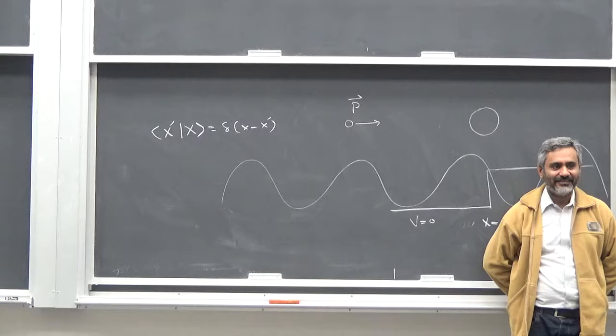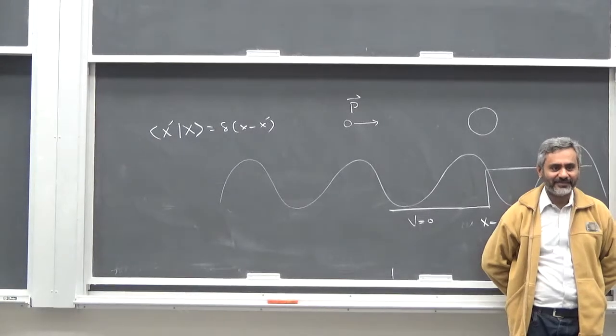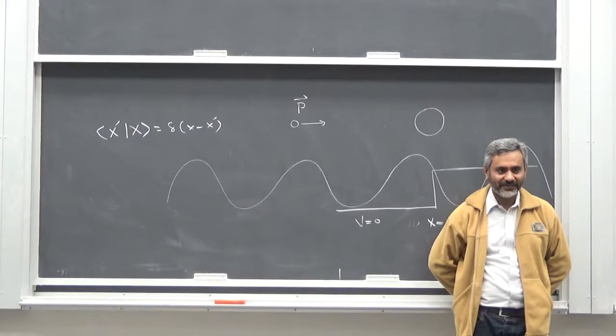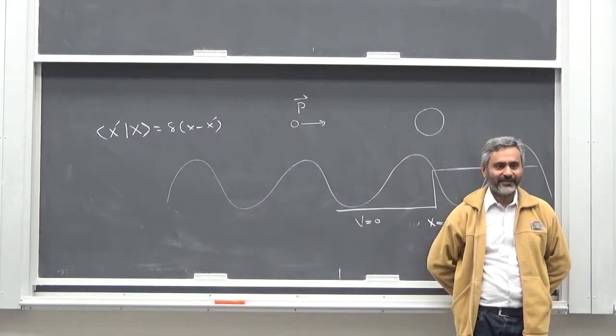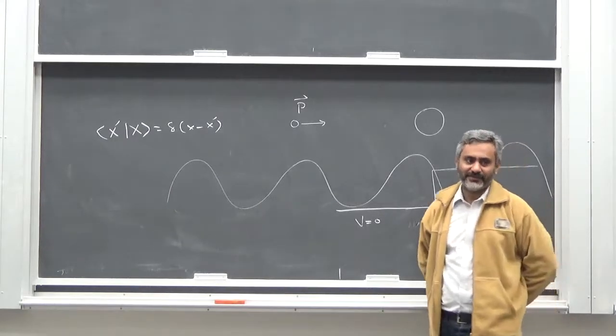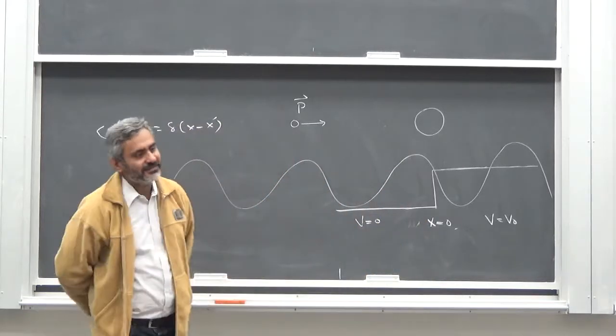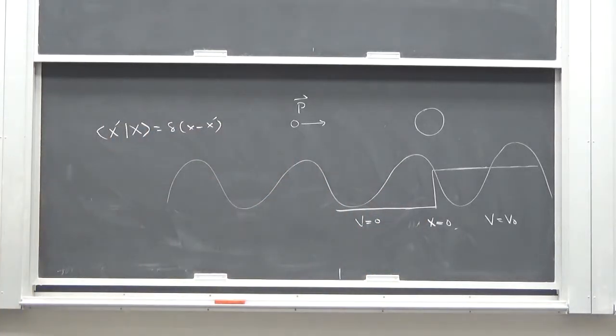Yes, that's how you prepare the state. So it's an eigenstate of position, but you don't know anything about the momentum. The momentum could be anything between plus and minus infinity. Yeah, but the position would be just the same.